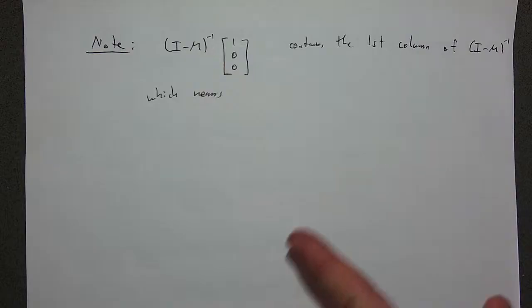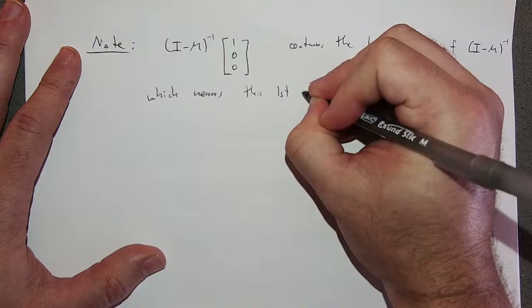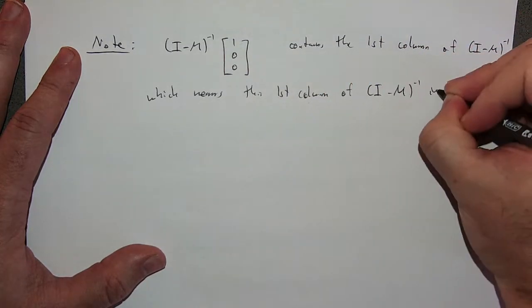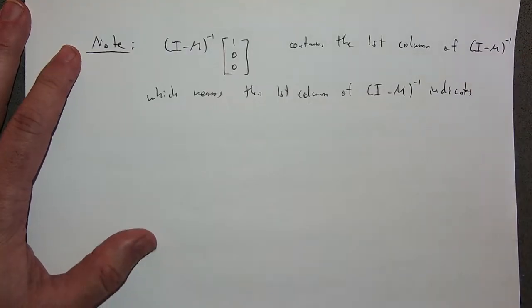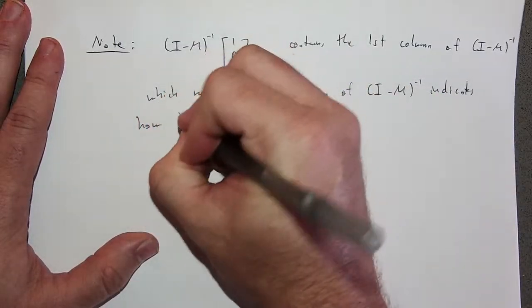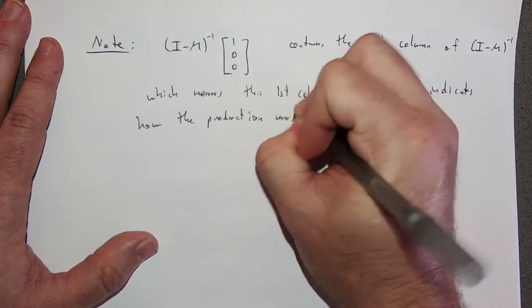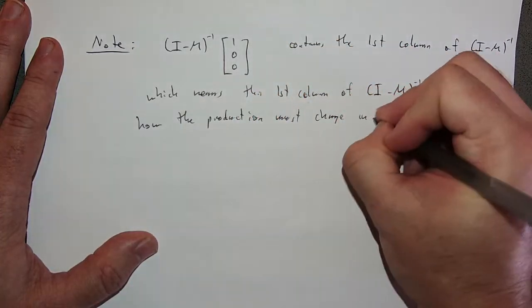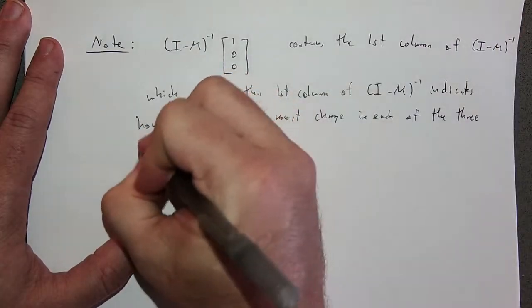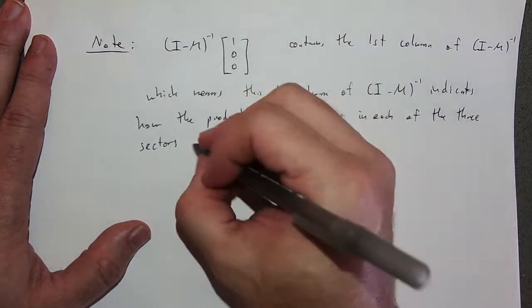So this first column indicates how the production must change in each of the 3 sectors if the external demand in the first sector changes by +1.